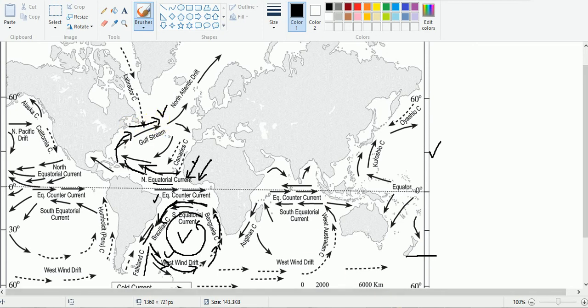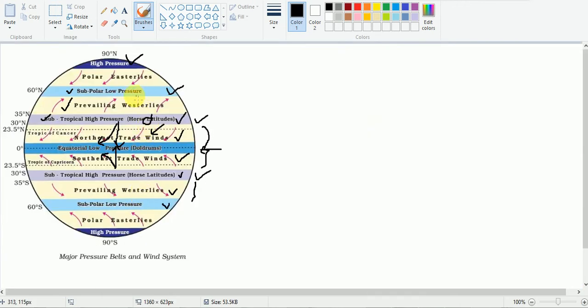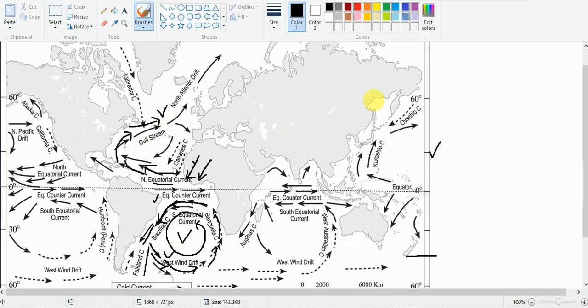Just see the diagram, it is under the influence of these westerlies, and because of these westerlies, the ocean current is dragged towards the east. And here due to the Coriolis force, one branch is bifurcated here. It is turning to the right. This is due to Coriolis force, and again it is striking west coast of North Africa, and just meeting its origin. So in this way, in the North Atlantic Ocean also we have got an anticyclonic circulation.